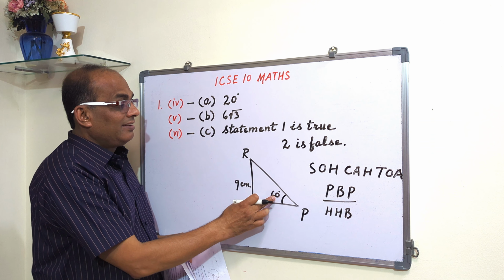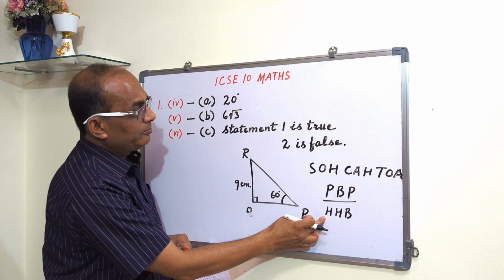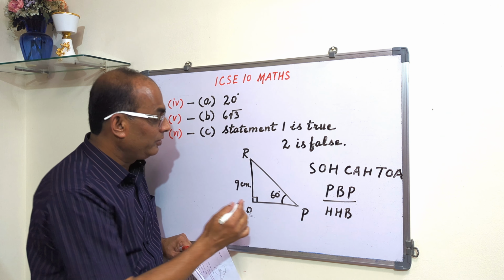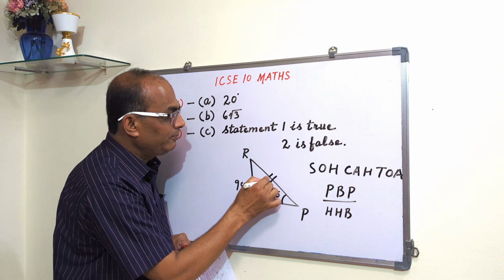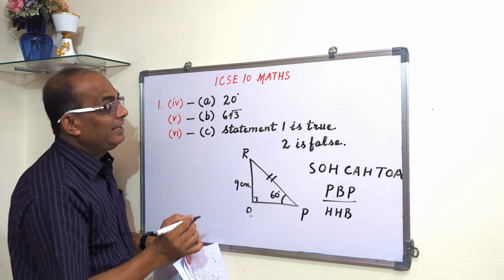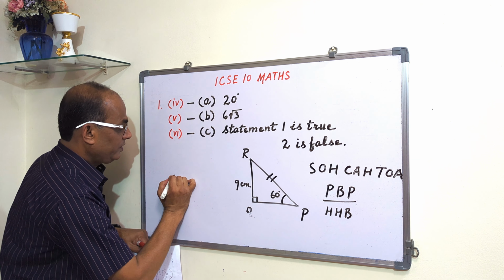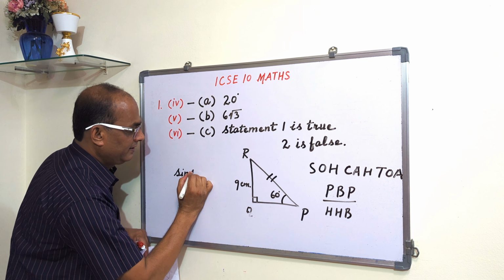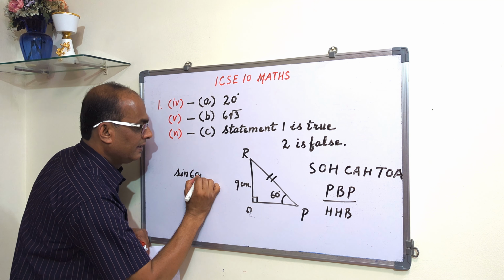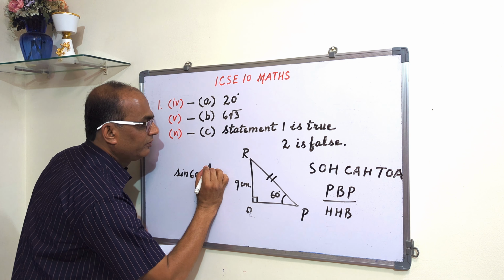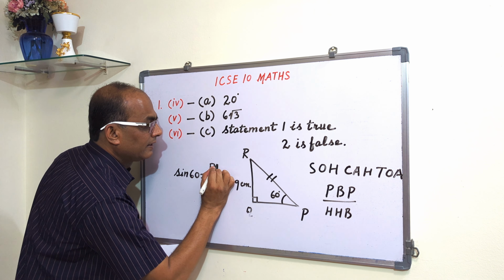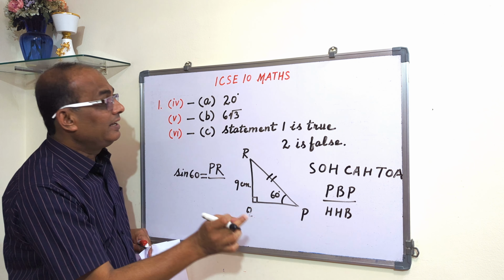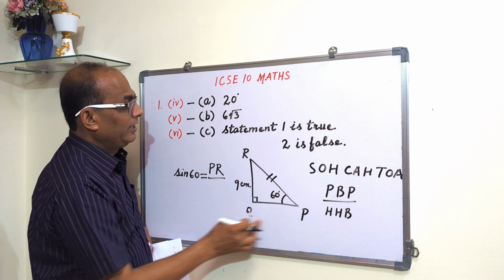In this case, sine theta is equal to perpendicular upon hypotenuse. Hypotenuse is the side which is opposite to 90 degrees. So this is the hypotenuse PR. Sine theta means sine 60. So we write sine 60 degrees is equal to perpendicular upon hypotenuse.